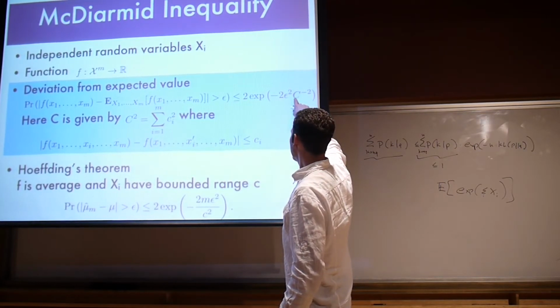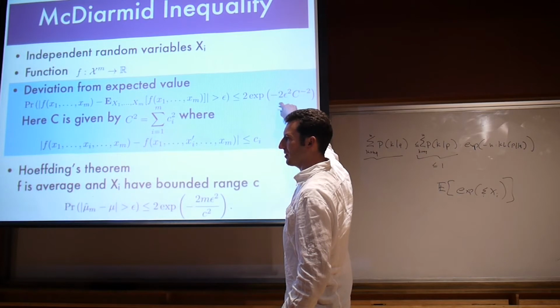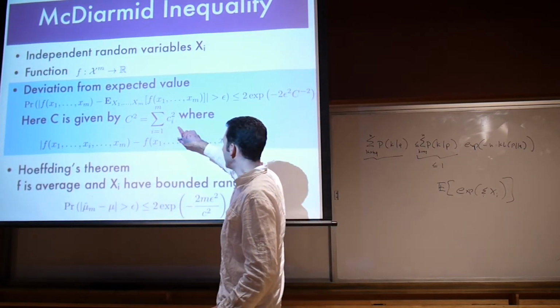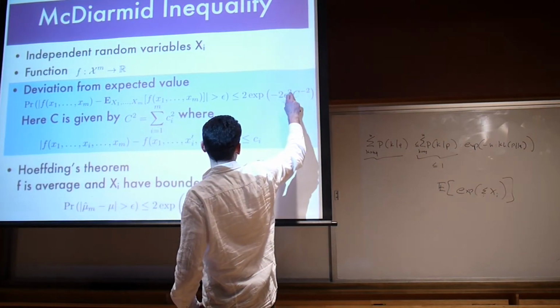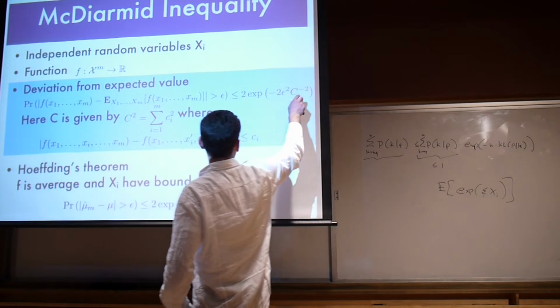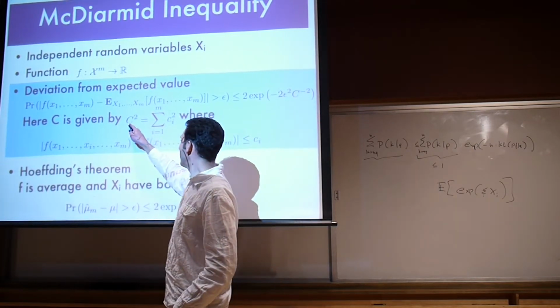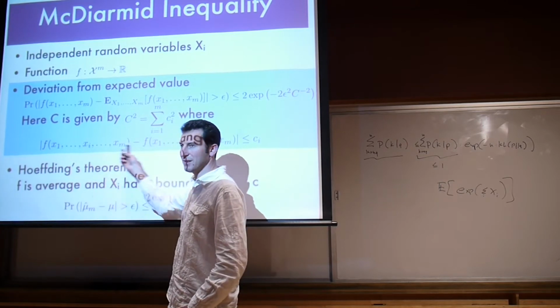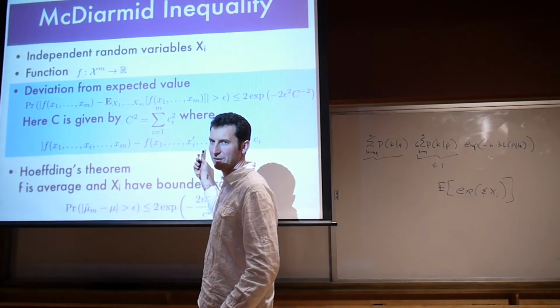So we have the same dependence on epsilon, which may or may not be a good thing; actually it's a bad thing. You could rather have something that goes like epsilon. But this c here is given by the sum over the changes that f experiences if I swap one instance by something entirely different.